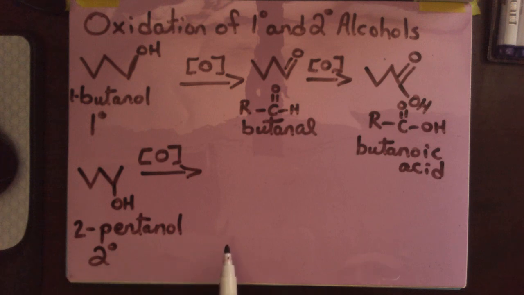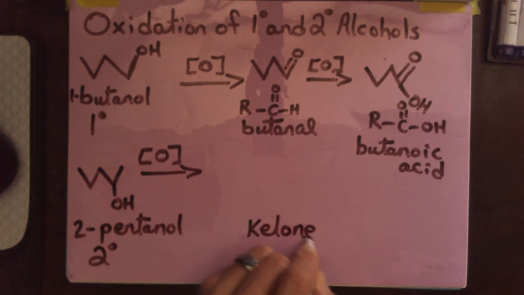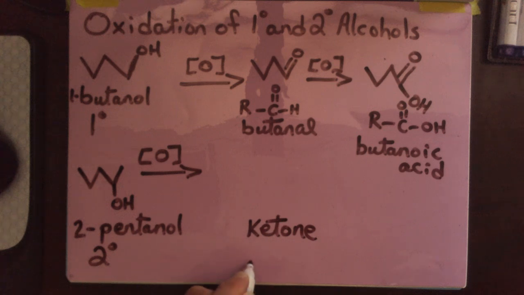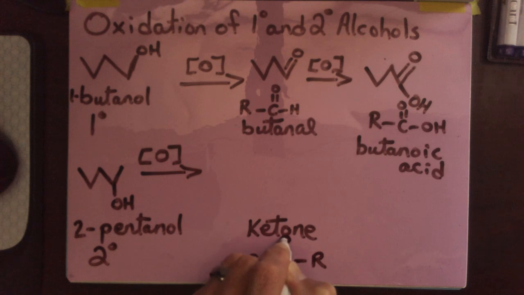Secondary alcohols, we have 2-pentanol here. When we do the oxidation with them, they, on the other hand, will become a ketone. A ketone is where we have an R group, a carbon, and another R group, but that carbon has a double bonded O, a carbonyl.